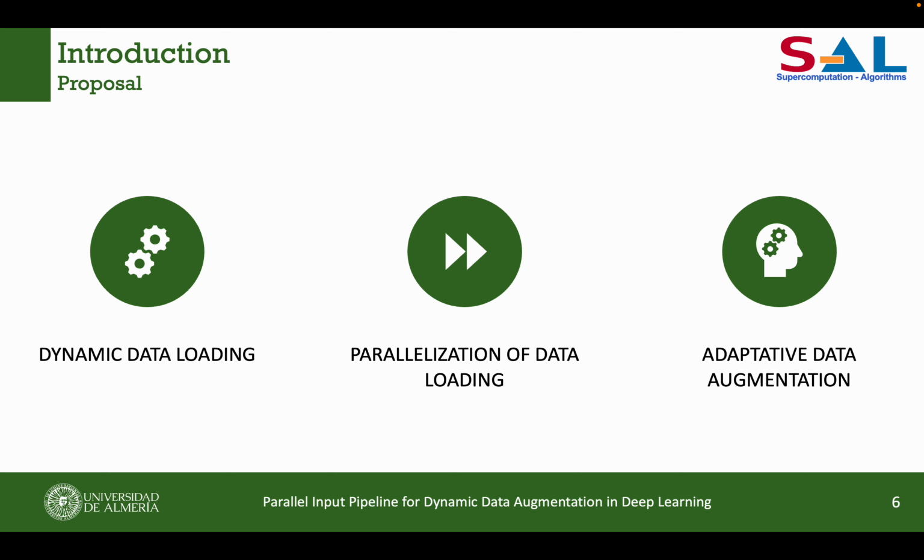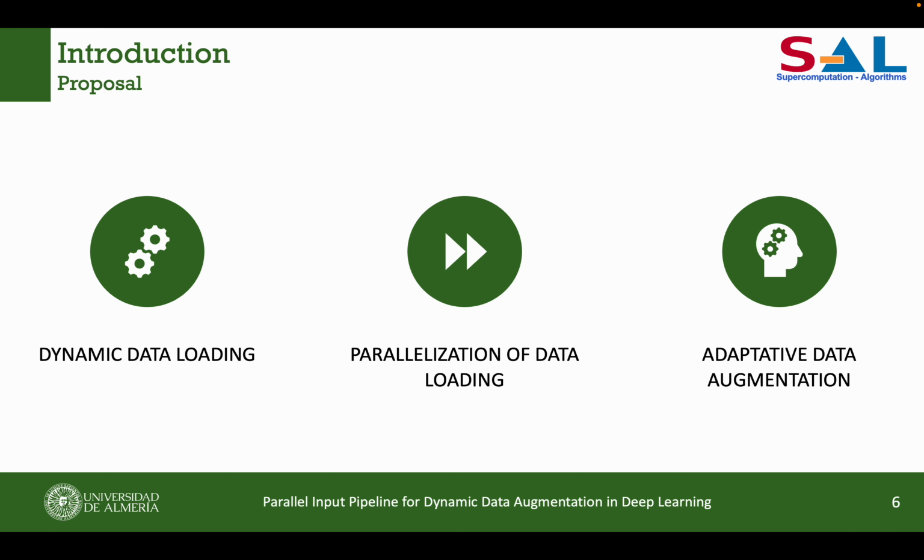So in our proposal, we propose a new dynamic data loading in TensorFlow. With the default functions, we can only store the data in memory, but with the customized input pipeline that we are proposing here, we can dynamically load the data using the CPU while the GPU is training the model.